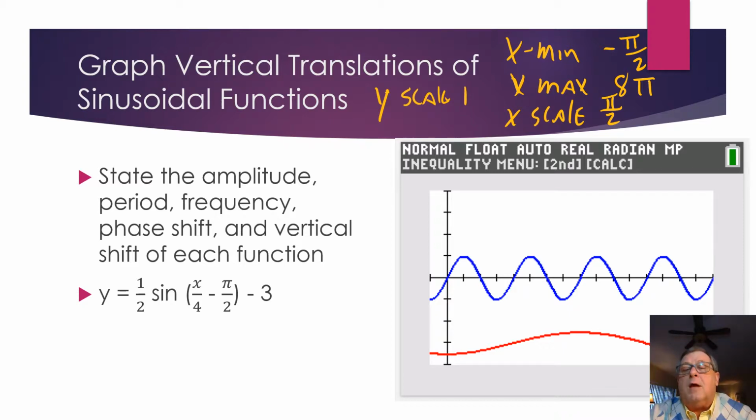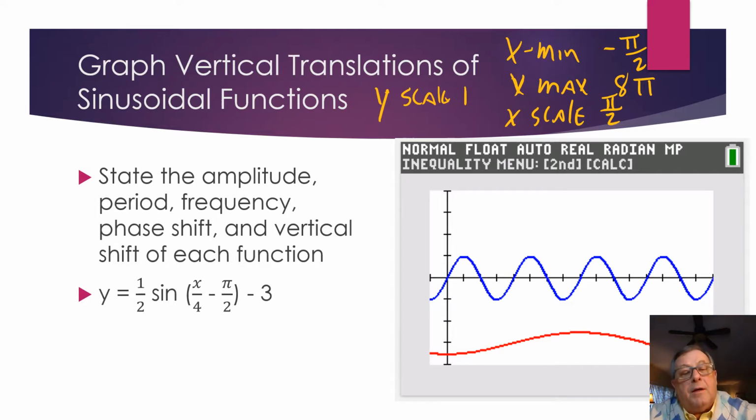Now, I had to change my scale. I usually, most of the time I start with the, I go to Zoom option 7 trig on my calculator. But I did want to make note of what all I did here. Because of this difference in my period, really.